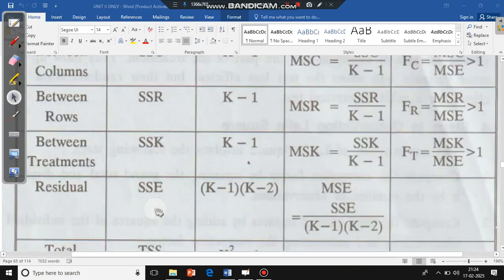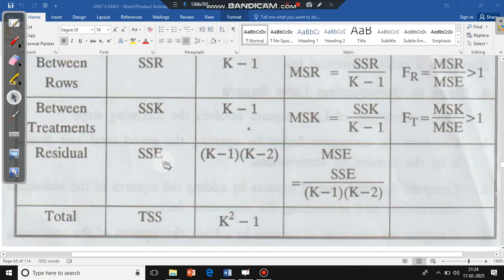The last one is about residual, or we say error terms, sum of errors. The degrees of freedom here is k minus 1 into k minus 2. K minus 1 into k minus 2, the degrees of freedom for residual. How to calculate MSE? SSE divided by this degrees of freedom, k minus 1 into k minus 2.